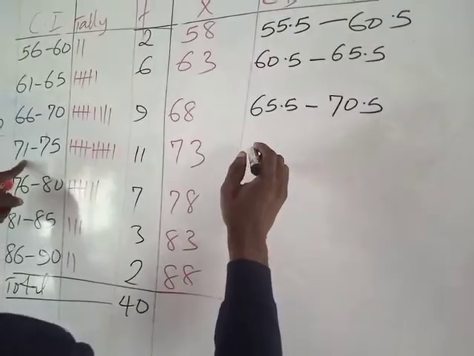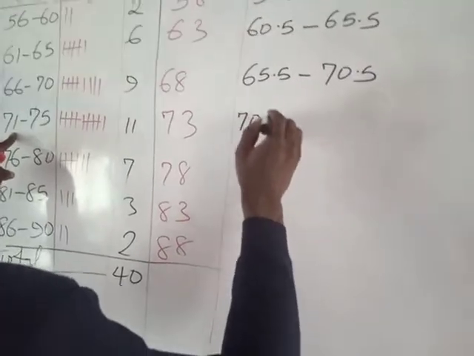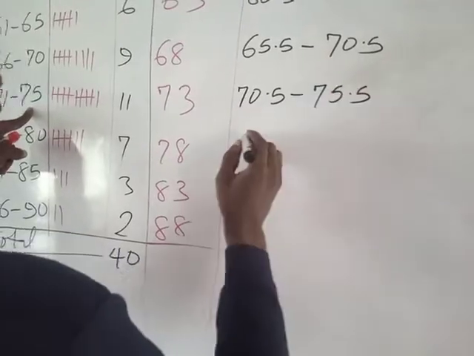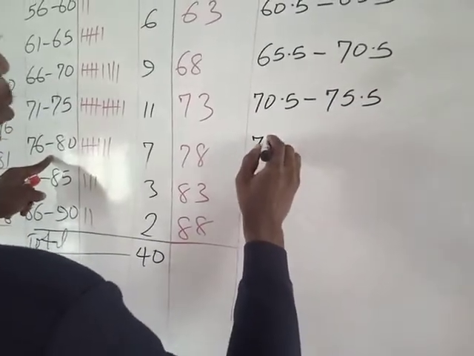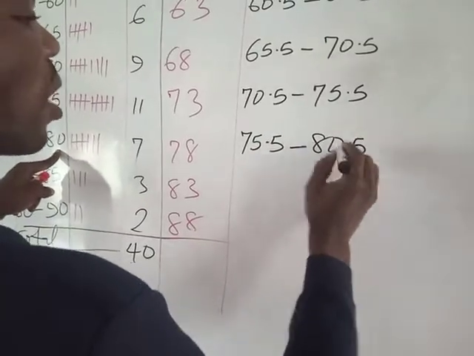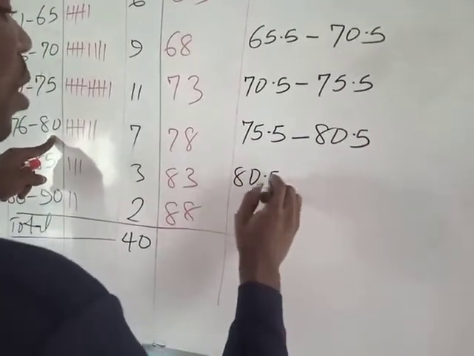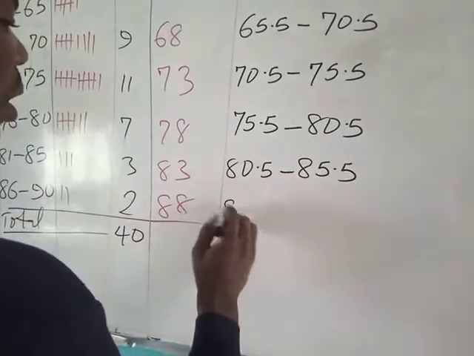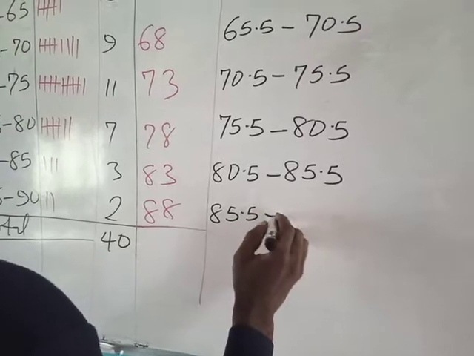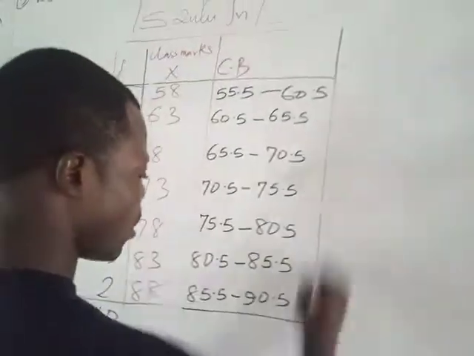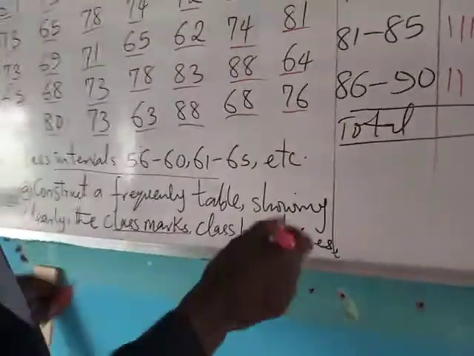Again the same thing, 70.5 to 75.5. Then 75.5 to 80.5, and 80.5 to 85.5. Then we have 85.5 to 90.5. So this is our class boundaries. So this one is done.